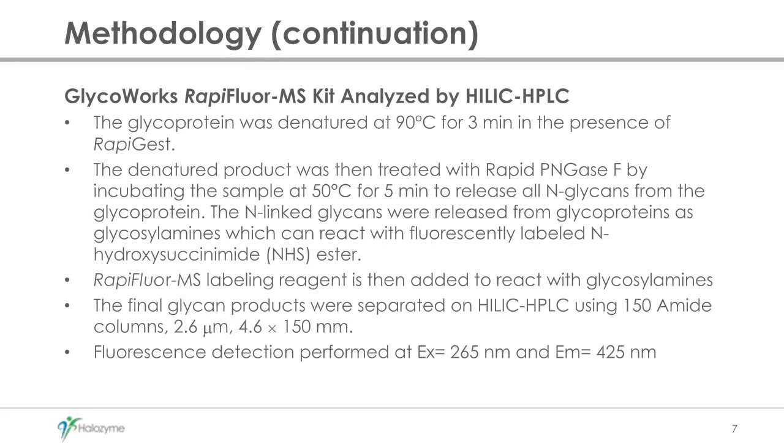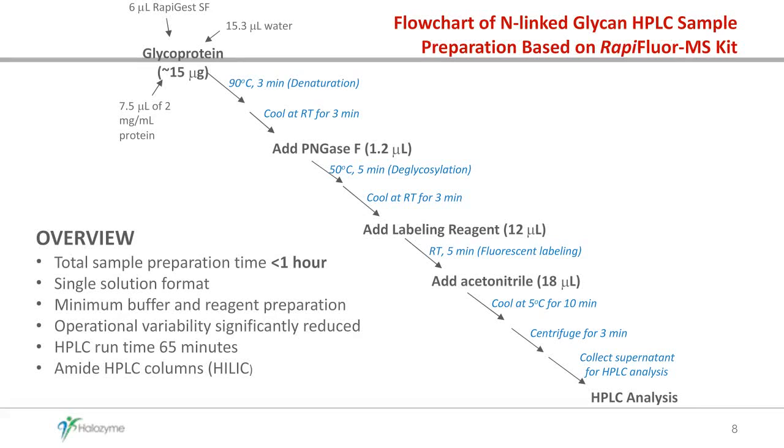So now moving to a second method that we're currently using, the RapidFluor-MS kit, which uses HILIC chromatography. Again, I'm going to skip this slide because I'm going to go into the flow diagram that I think is easier to see.